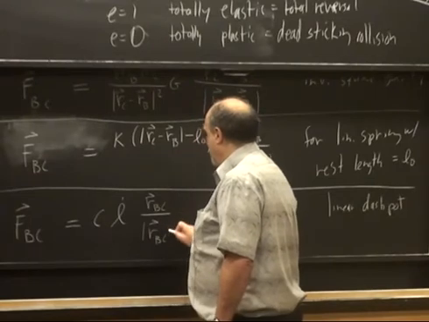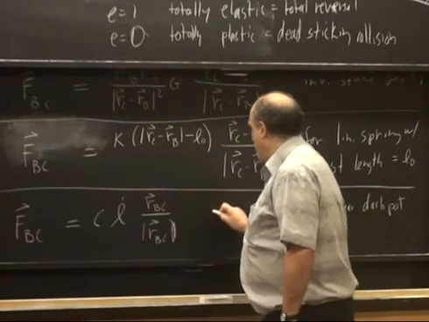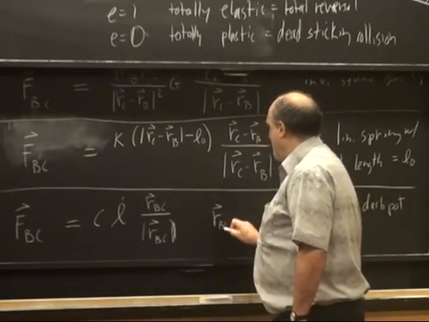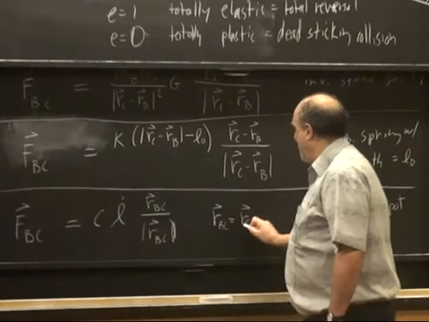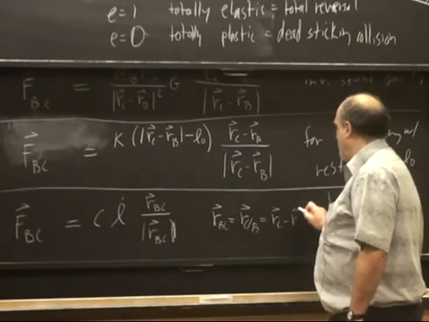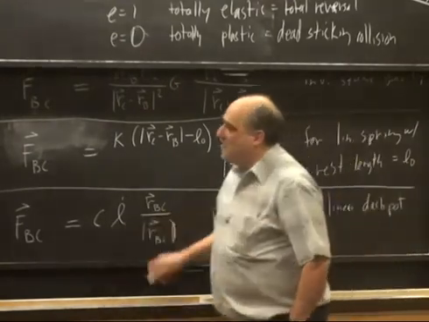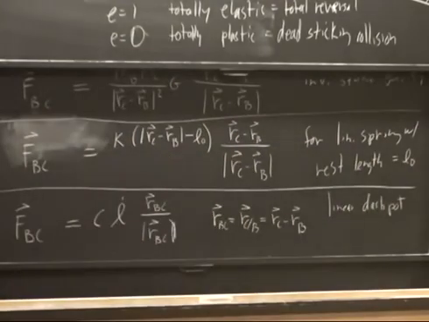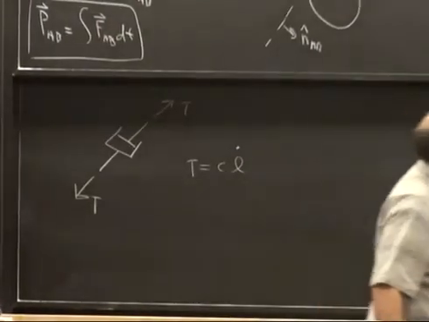And RBC, remember, the meaning of RBC, the position of C with respect to B, is equal to RC minus RB. So this is right if we knew what L dot was. So the question is, what is L dot?